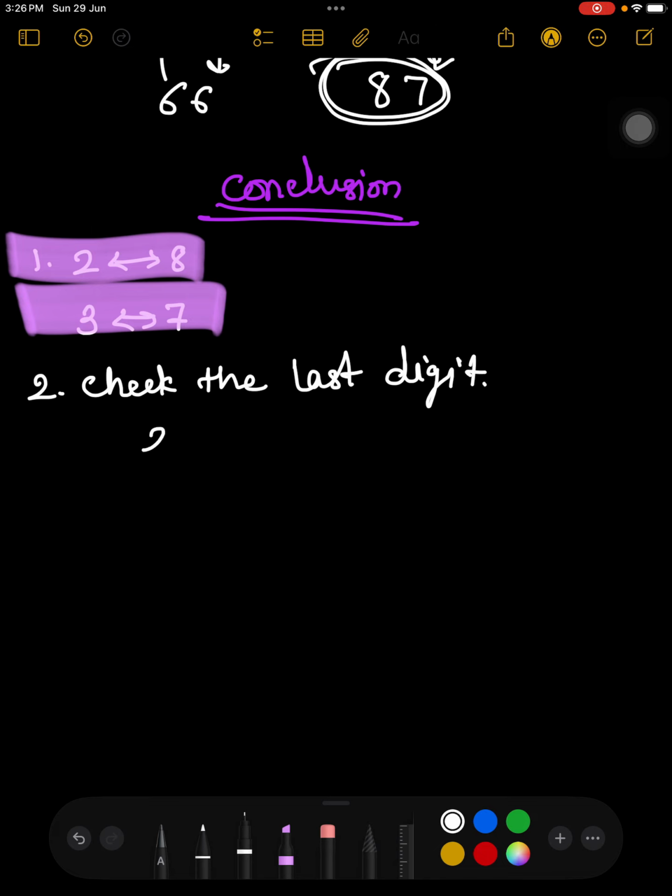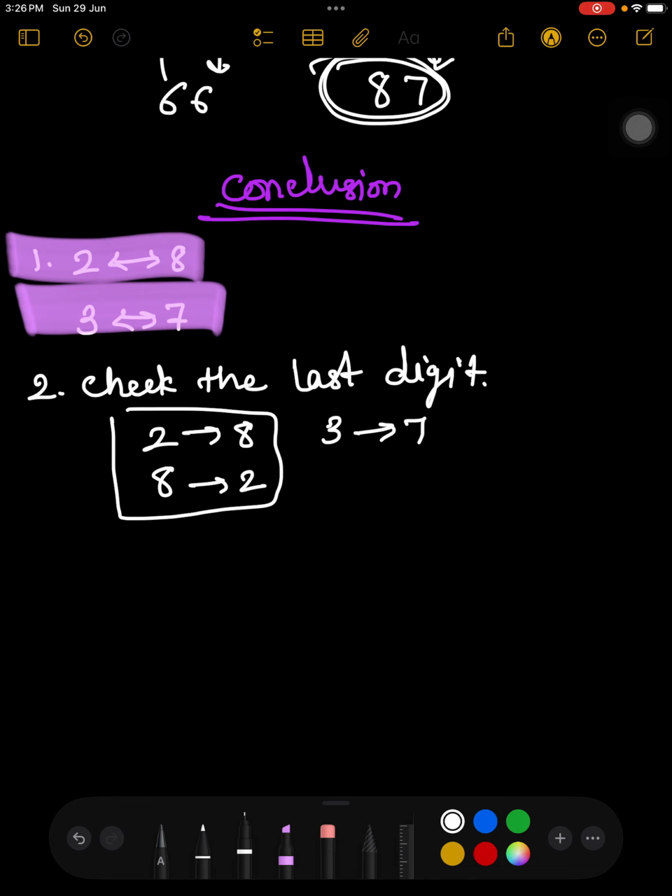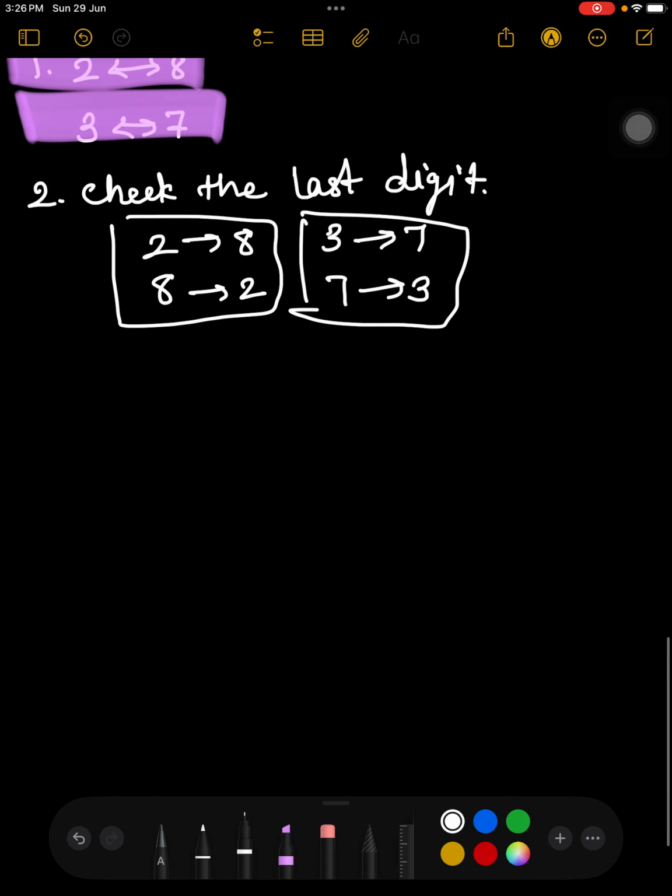If it is 2, take it as 8. If it is 8, take it as 2. If it is 3, take it as 7. If it is 7, take it as 3. Then for the other numbers, 1 is 1, 4 is 4, 5 is 5, 6 is 6, 9 is 9, 0 is 0.